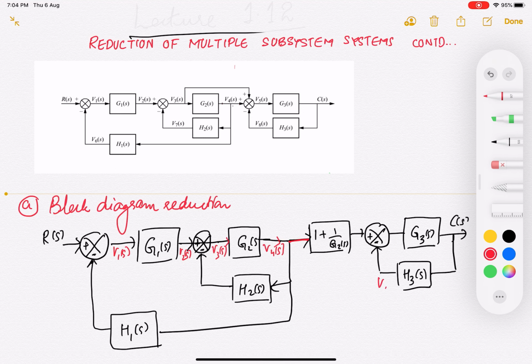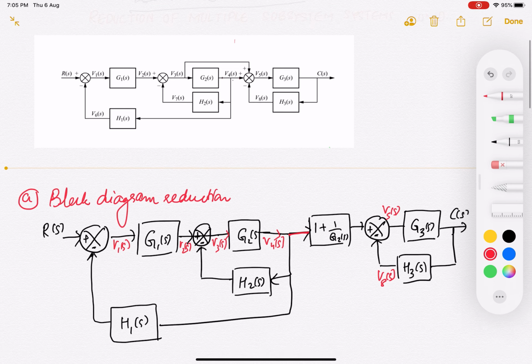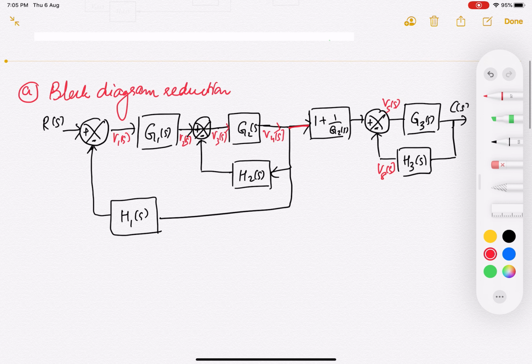And V5(s) here remains the same. So everything else is similar. At the output of the summing junction you have V5(s). Now once you have done this change, you can further simplify this.